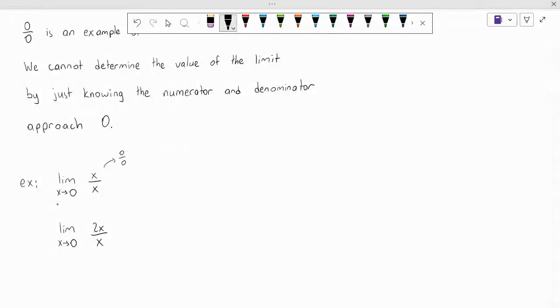Okay. But in this case, if you have x over x, you can just simplify that, right? X over x reduces to just 1.